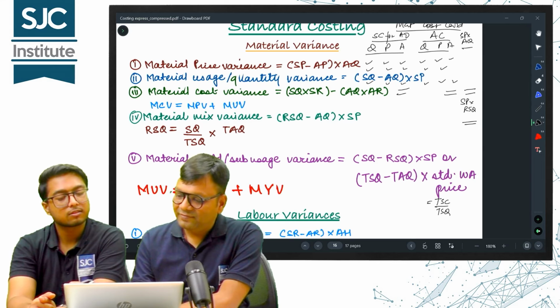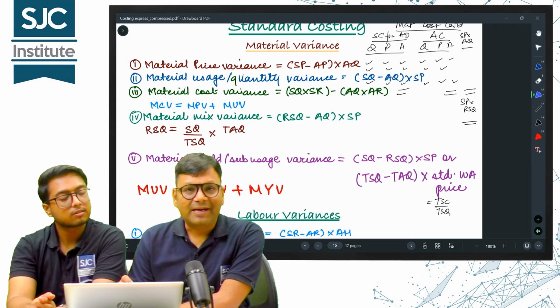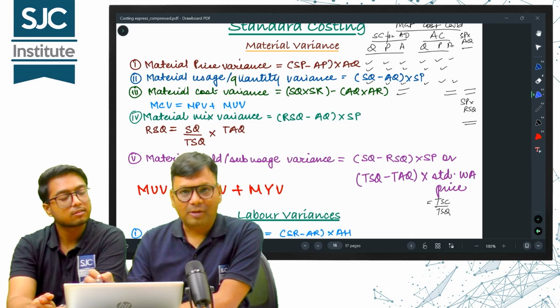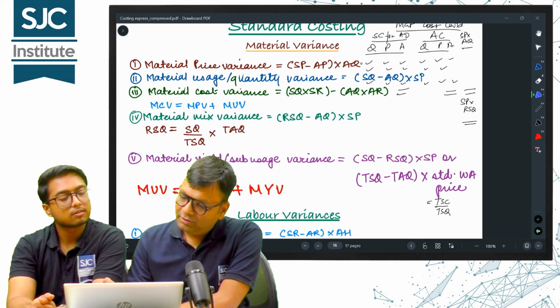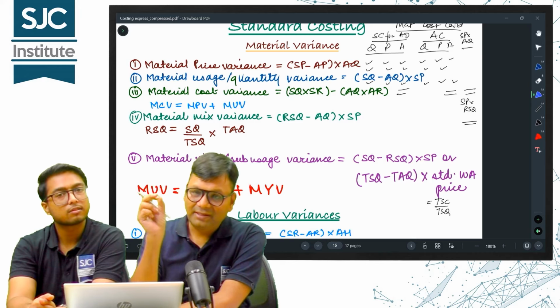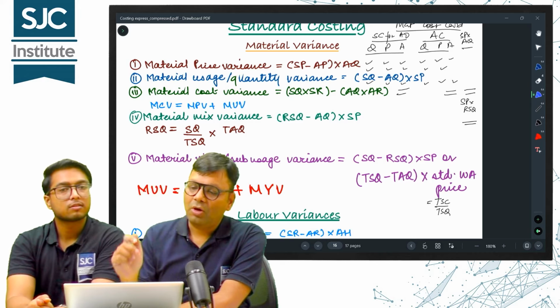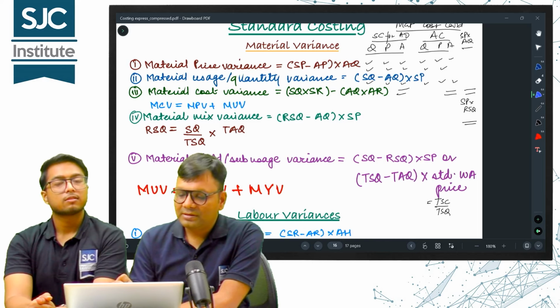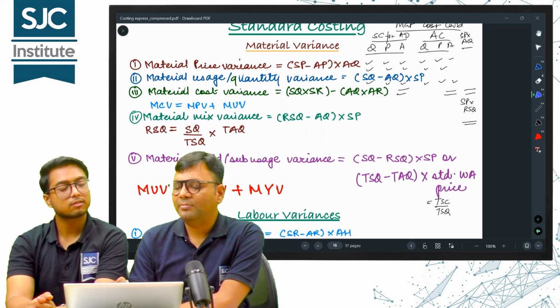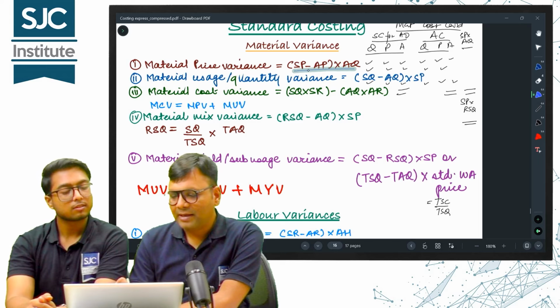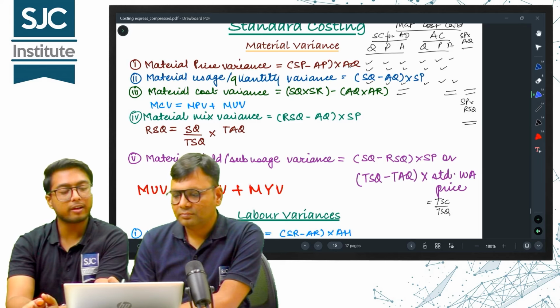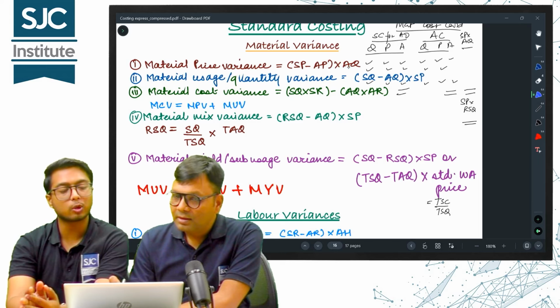So when multiple materials are there, then to calculate material price variance, you have two options. Either you can do it for every material individually and add up, or secondly, you can just open the bracket. How will it appear, Rahil, when you open the bracket? Standard price into actual quantity minus actual price into actual quantity.